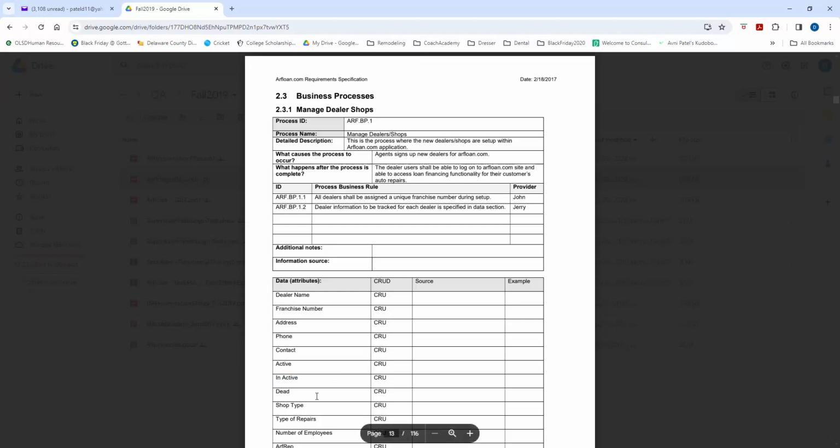If the dealer has already offboarded from your platform and says they are not going to be part of this Arfloan ecosystem anymore, then they will transition them to, hey, we are not going to use this dealer anymore. So it's the life cycle stages. Somebody who is active means they're submitting. Inactive means they still want to be in the platform, but they're not ready to submit into the system.